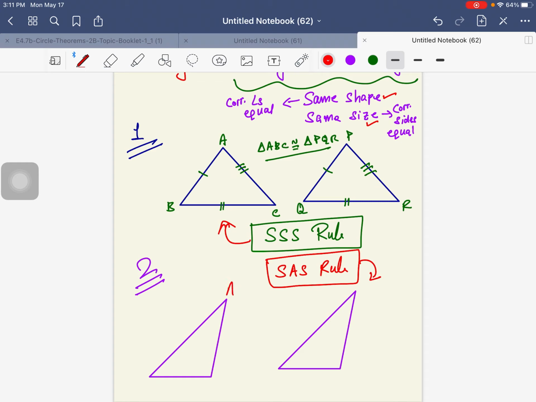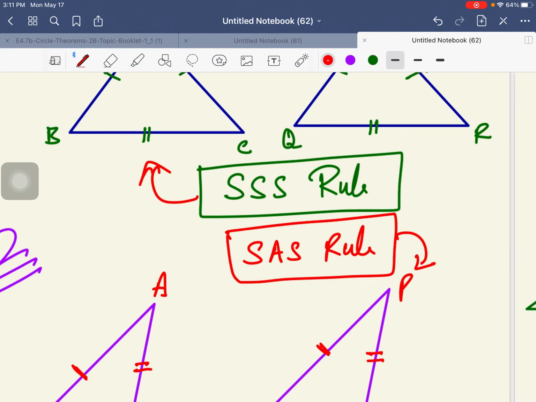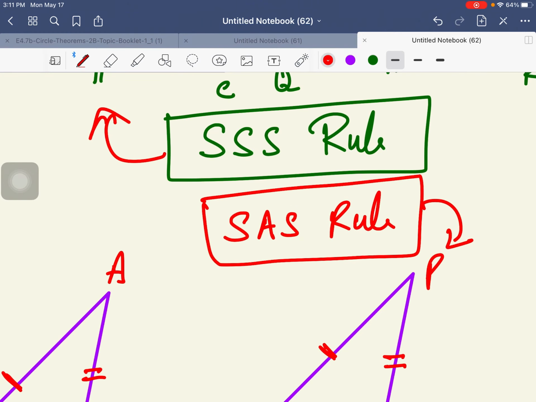Suppose I call this triangle ABC and this triangle PQR. Two sides are equal. Suppose I assume this AB side is equal to this PQ and this AC side is equal to PR. Now you can look at the pattern: side, angle, side. So this angle is inclusive.